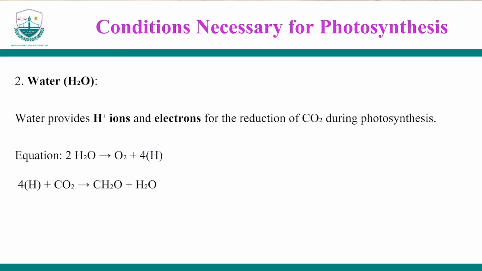Water is also required, as we shall see. From water we need two things: electrons and hydrogen ions, what you can call the protons. Two things are required from water. You also see that the oxygen that we get as a byproduct of photosynthesis comes from water.